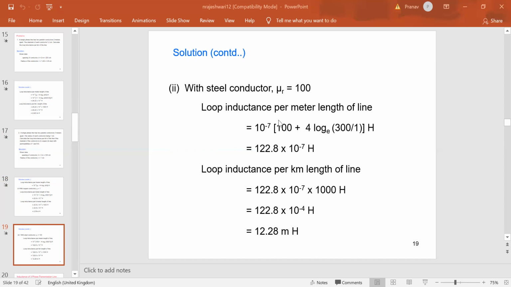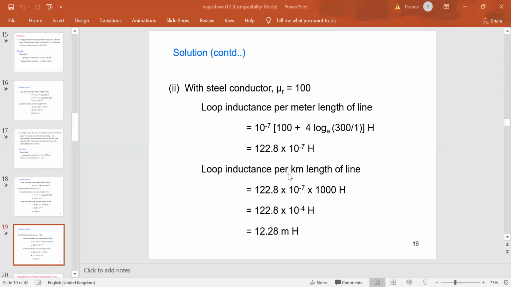The loop inductance per meter length of the line will be 10 to the power of minus 7 into 100 plus 4 log of 300 by 1 henries, which is equal to 122.8 into 10 to the power of minus 7 henry.